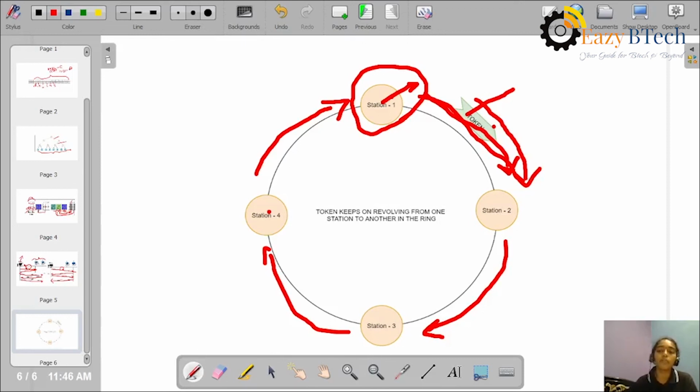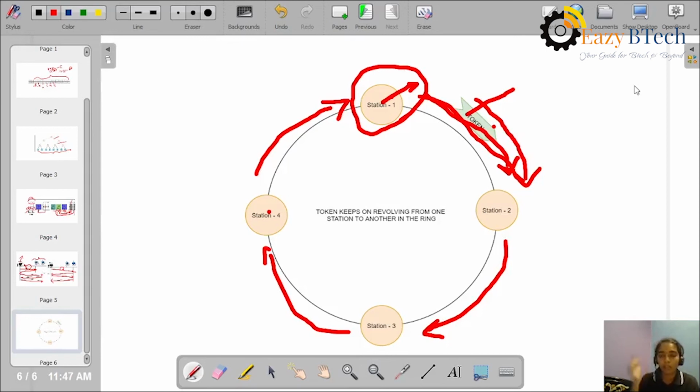So if you want to communicate in ring topology with other stations, you need a token to communicate a data frame from source to destination. These are the different types of controlled access protocols, meaning protocols to control channel access. These are small topics.